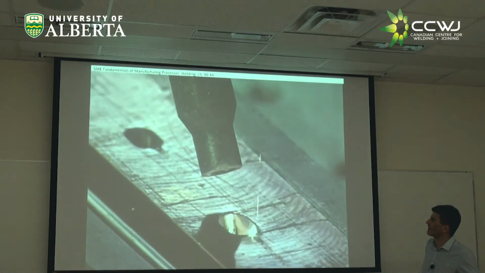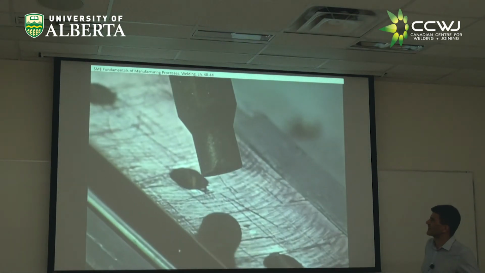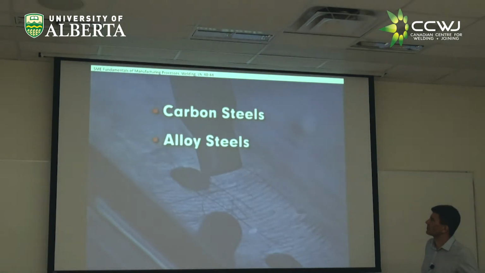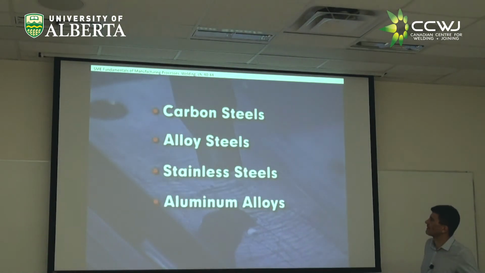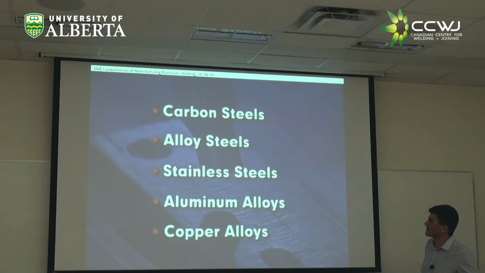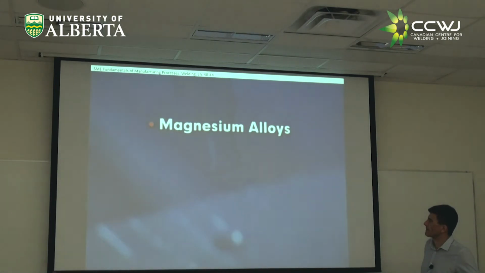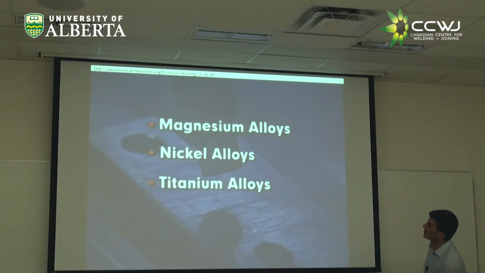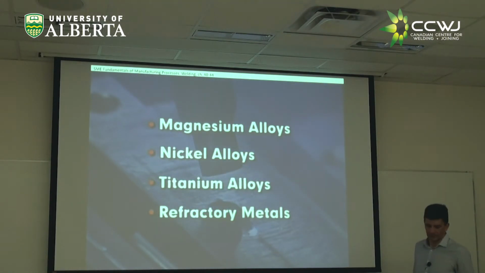Many ferrous and non-ferrous metals can be joined using laser beam welding, including carbon, alloy and stainless steels, aluminum alloys, copper alloys, magnesium alloys, nickel alloys, titanium alloys, and refractory metals.